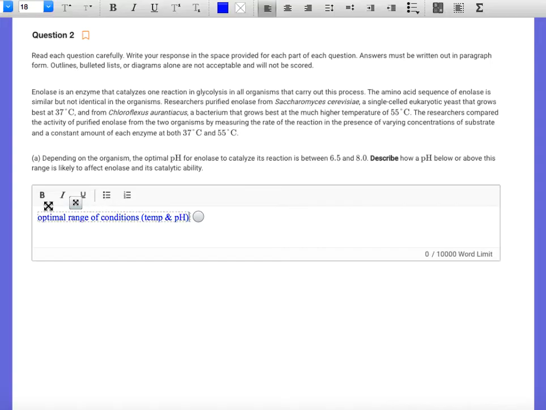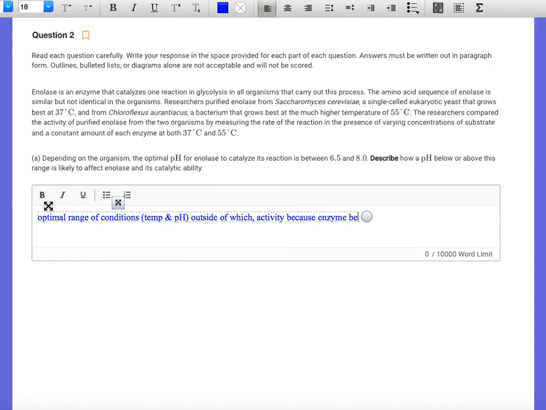But just like when you were analyzing that data, you realize that when an enzyme is outside of that optimal range, activity goes down because the protein begins to denature, right?